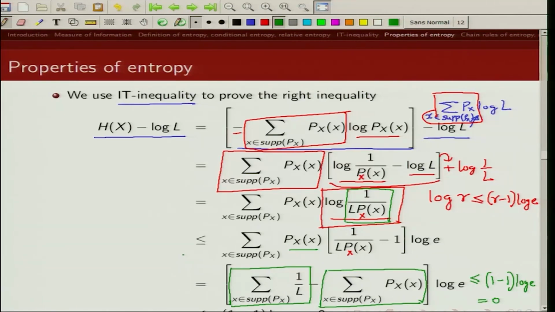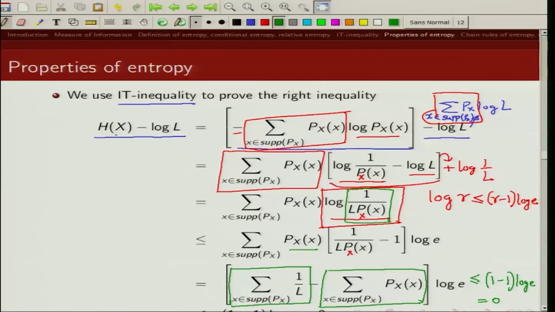So if x is a discrete random variable that can take L different values, then the maximum entropy or maximum uncertainty associated with x is equal to log of L, and this happens when R is 1. So when is R 1? That means 1 by L Px is basically going to 1.